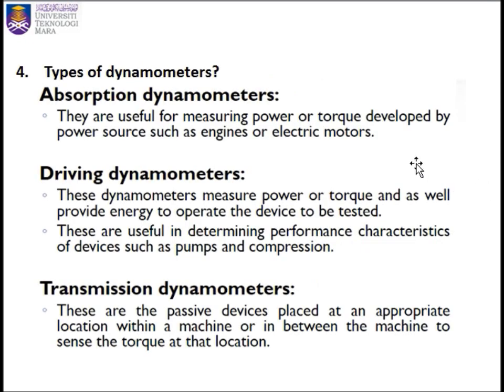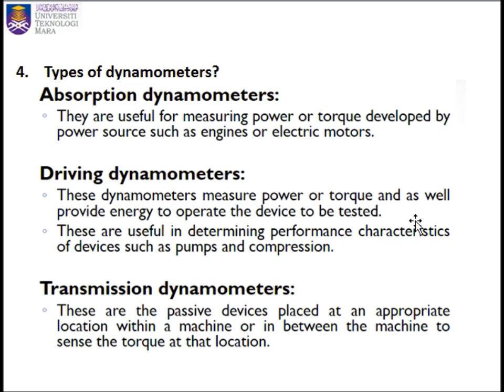What types of dynamometers are there? There are 3. First is the absorption dynamometer. They are used for measuring power or torque developed by a power source such as an engine or electric motor. Next is the driving dynamometer. These dynamometers measure power or torque and also provide energy to operate the device to be tested.